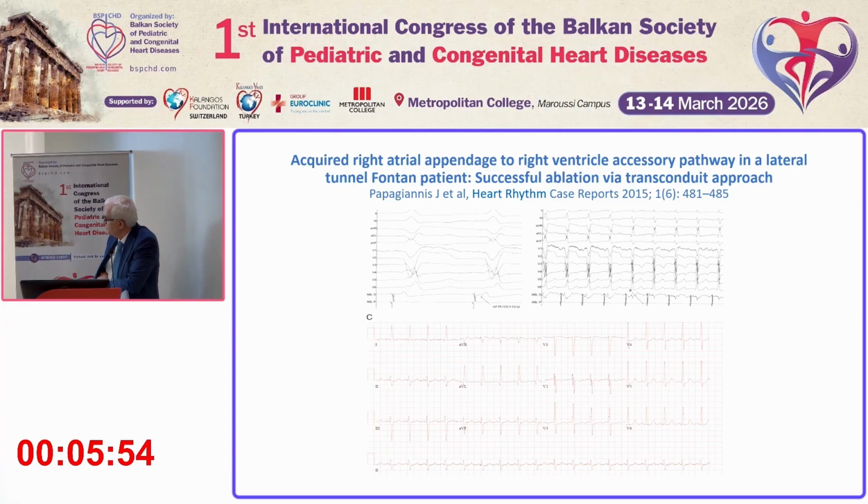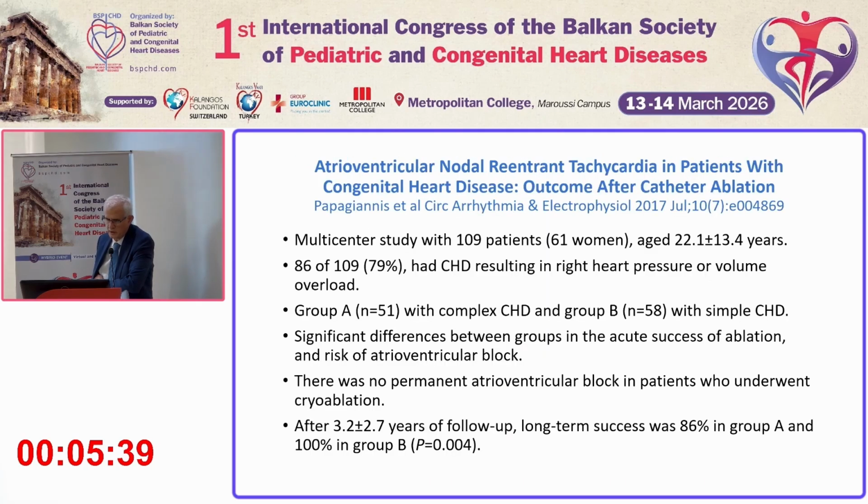You can see there was a small AP potential there, and then after multiple attempts, the accessory pathway was ablated, and then the patient developed a normal EKG and was free of arrhythmias on long-term follow-up.